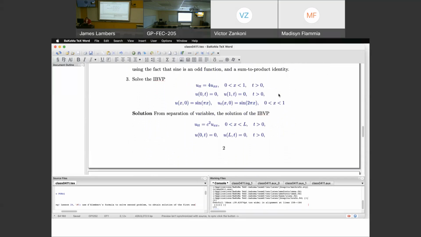Third problem, also a wave equation, but this time on a finite interval. What was covered in lesson 20 for a finite vibrating string is how to use separation of variables to solve a wave equation, just like for the heat equation. Now, later we deal with the finite Fourier transform.